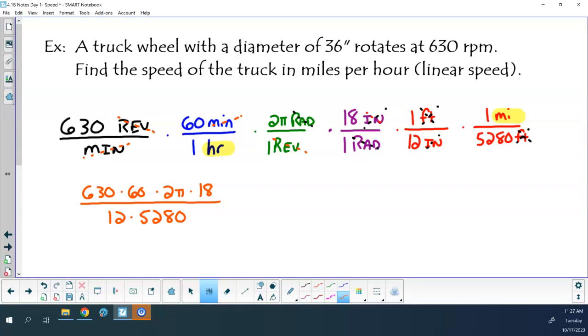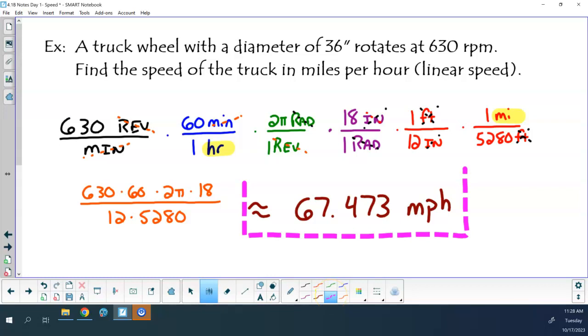What do we get when we type this all into the calculator? 473? Yep. If we ever would ask for the exact speed, you would just have to simplify this fraction.